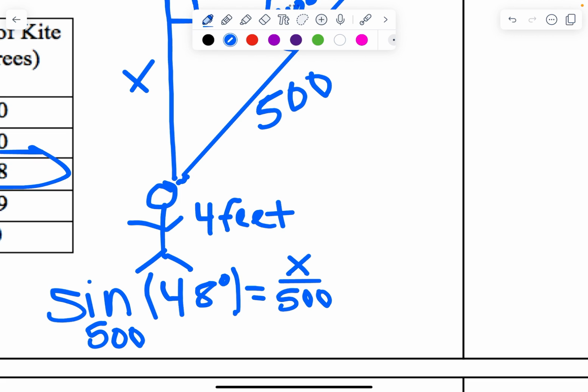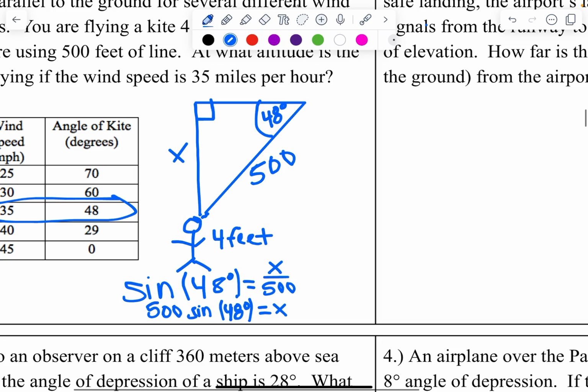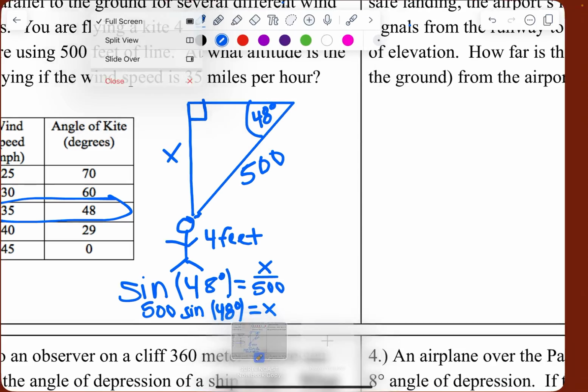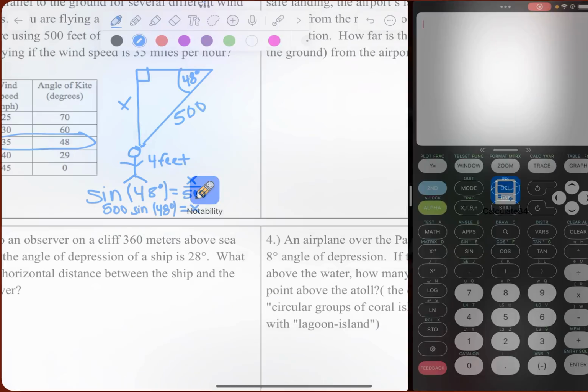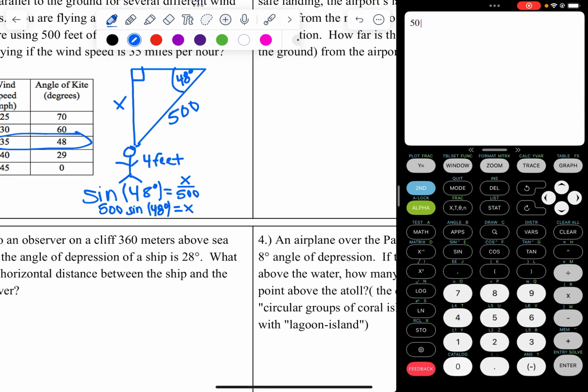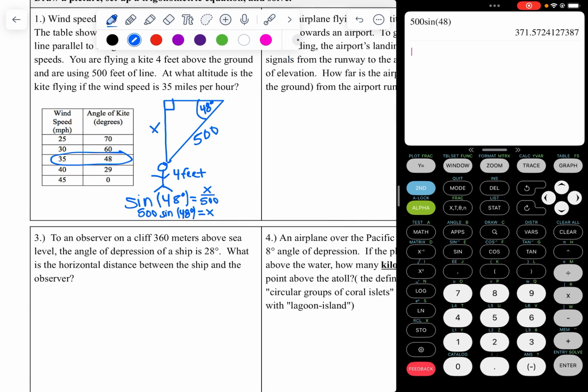So 500 times the sine of 48 degrees equals x. And so now we need our calculator. So we'll do 500 sine 48. So we have x is approximately 371.57, if we round to the hundredths place.